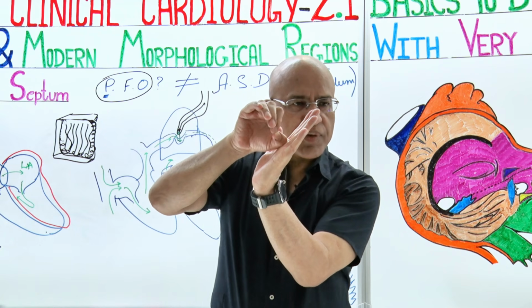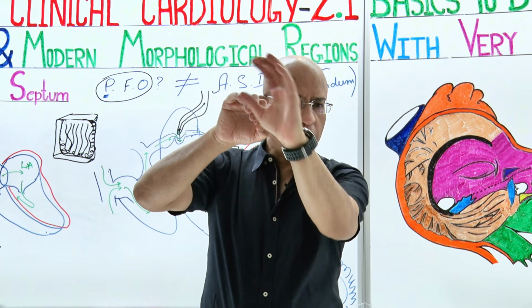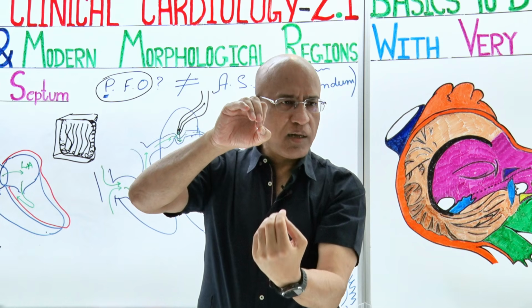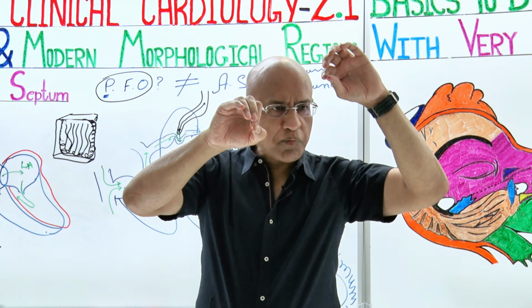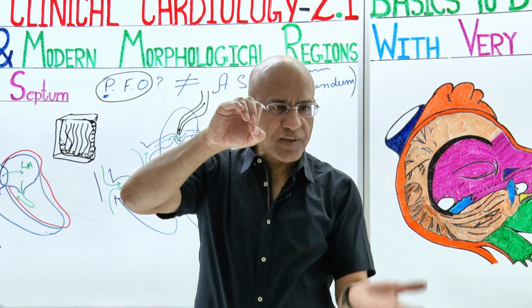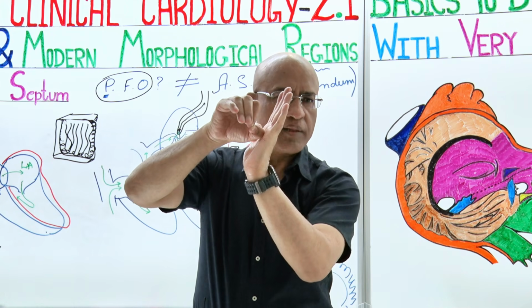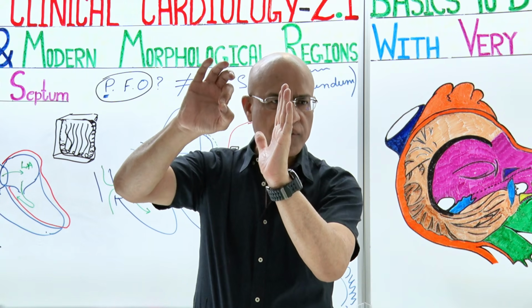Now, after birth, pressure in the lungs becomes less. Blood which is coming to the right atrium and right ventricle moves to the pulmonary circulation. And from the pulmonary circulation, more blood is coming to the left atrium, and pressure in the left atrium goes up. When the pressure on the left side goes up, the septum primum is pushed against this rim.